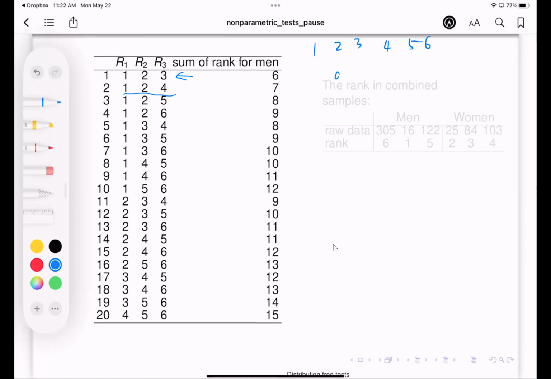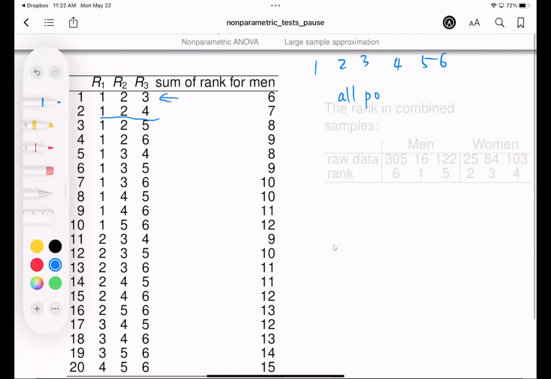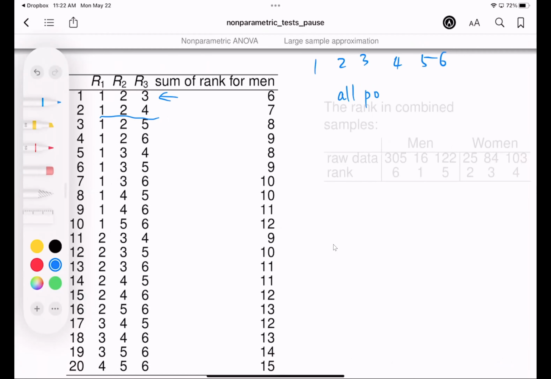We are looking at all possible scenarios, all possible situations of assigning ranks.